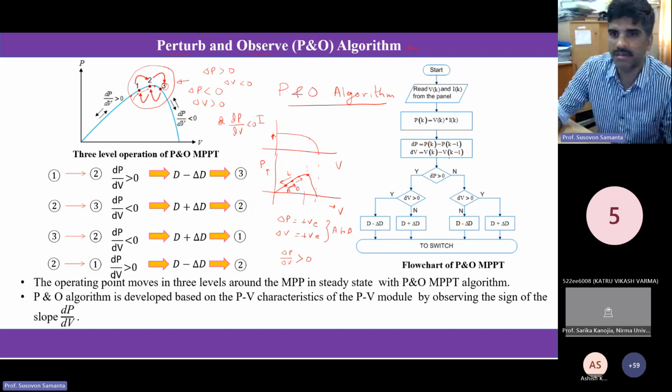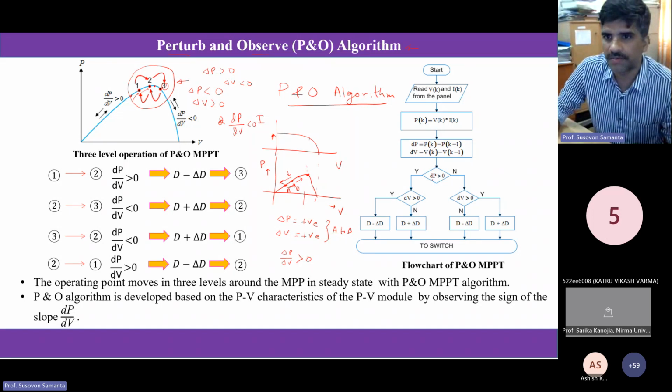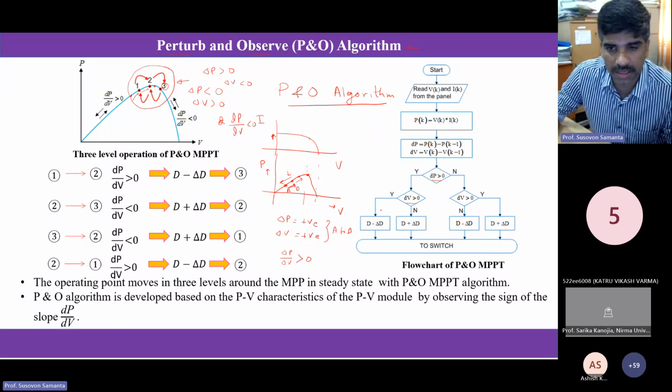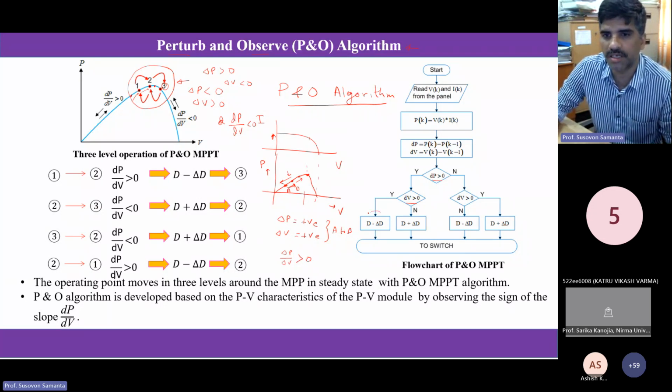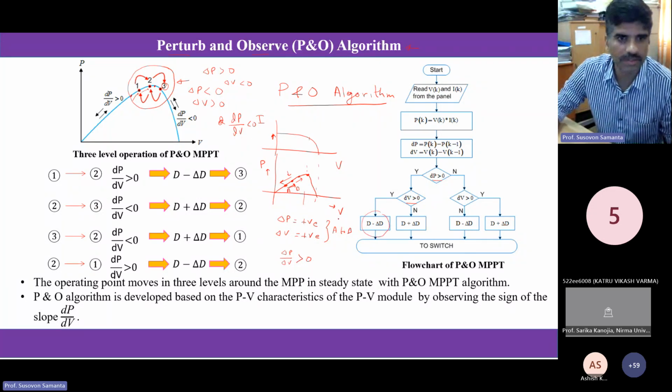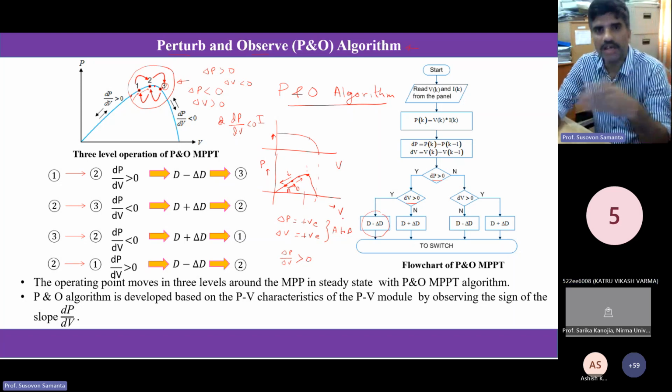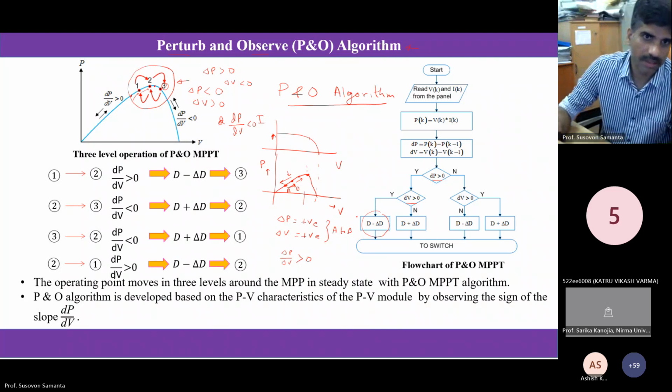This is the flow chart. Already I explained that if dP is greater than 0 and dV is greater than 0, I should increase the panel voltage. So that means I should decrease the duty ratio. This way, your operating point is moving around the maximum power.